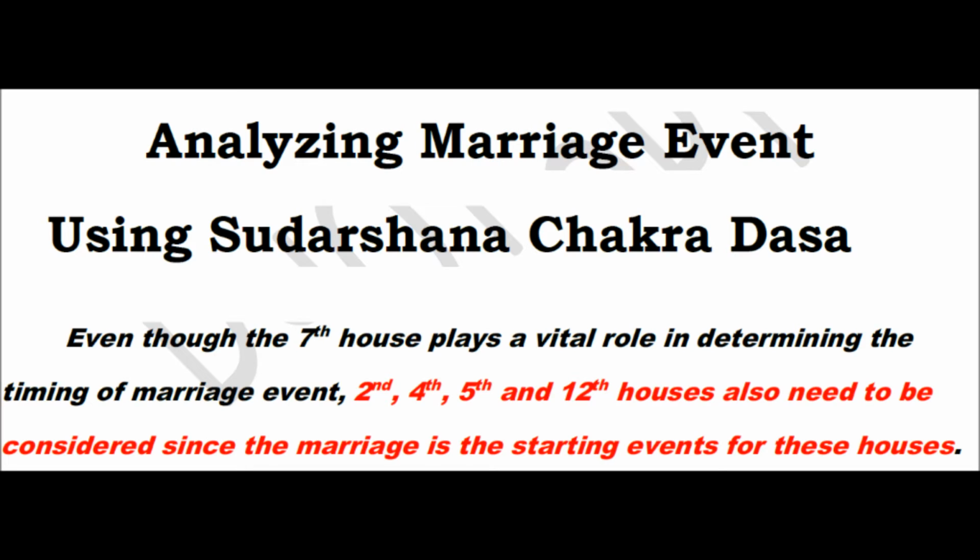In this session, I am going to analyze the marriage event using Sudharshana Chakra Dasa. Even though we all know that the 7th house, the Kalatra Sthanam, plays a vital role in determining the timing of the marriage event, the other houses that we need to look at are the 2nd, the Kutumba Sthanam, also known as the family; the 4th, Sukha Sthanam, or home life environment; the 5th, Putra Sthanam, children; and the 12th house, the pleasures of bed.